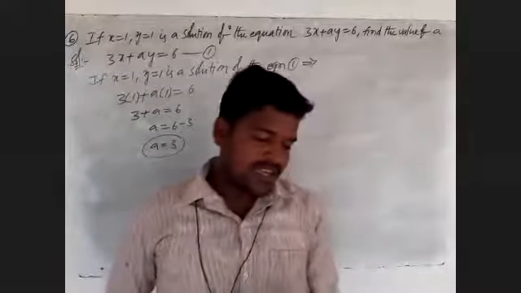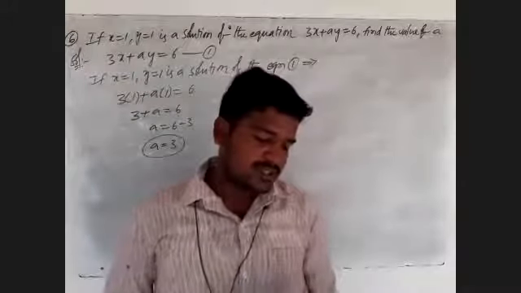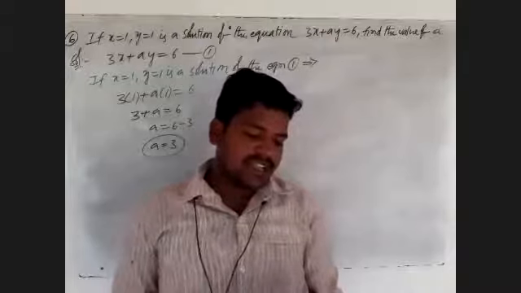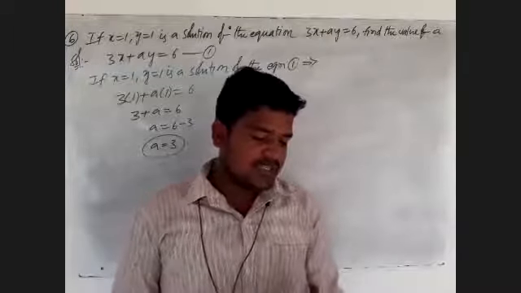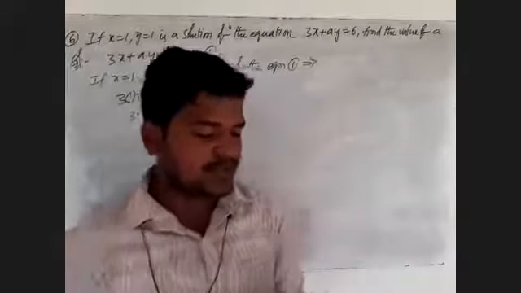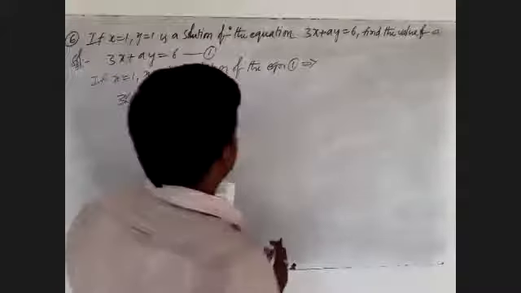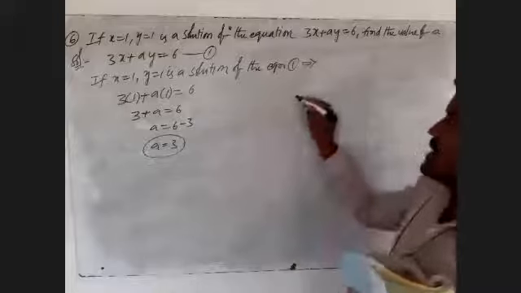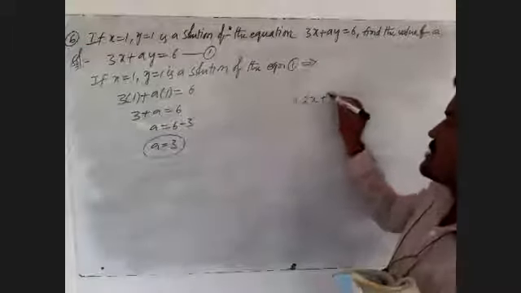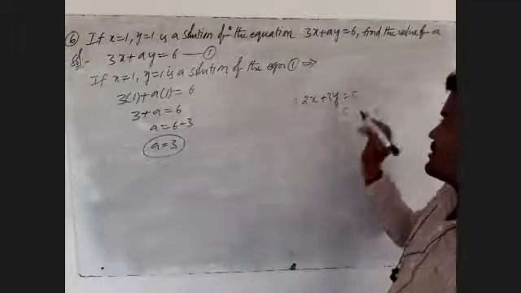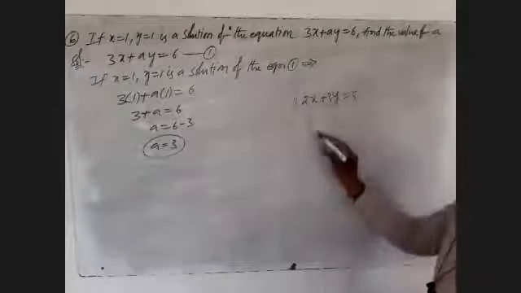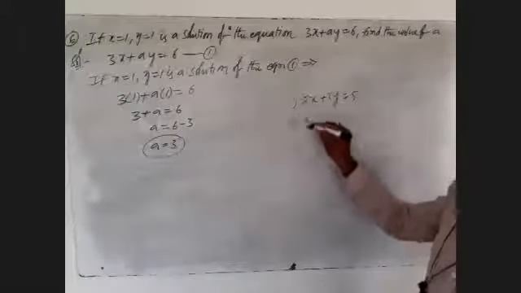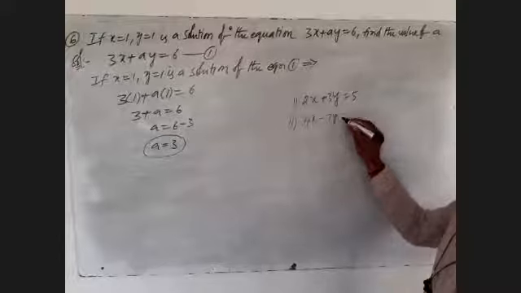Write 5 different linear equations in 2 variables and find 3 solutions for each of them. We'll observe. I will take 5 linear equations. 2x plus 3y will become 5. This is one linear equation. After that we'll take 4x minus 7y is equal to 6.